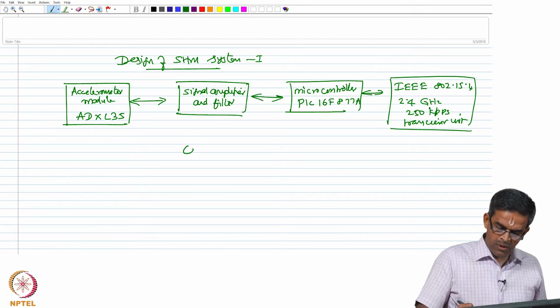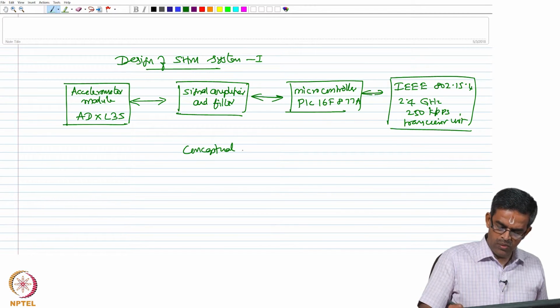So, this is my conceptual design now. This is how the SHM 1 will be laid.